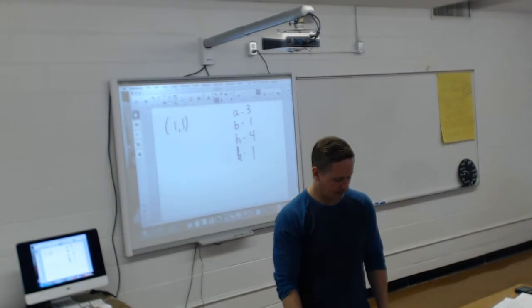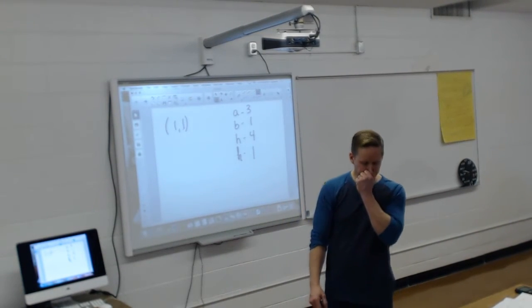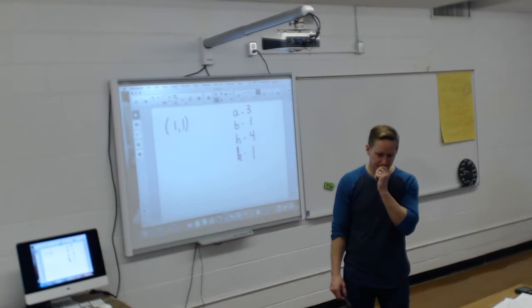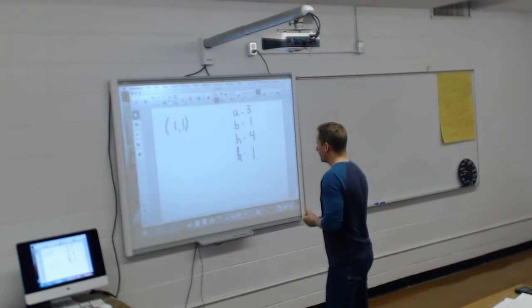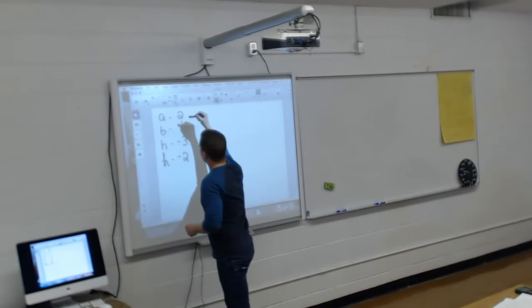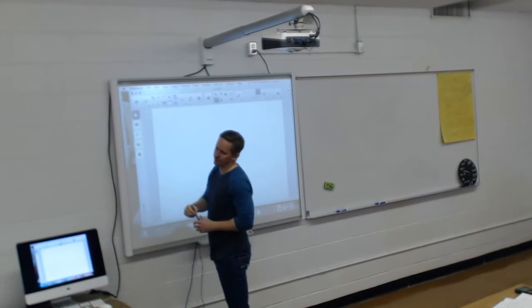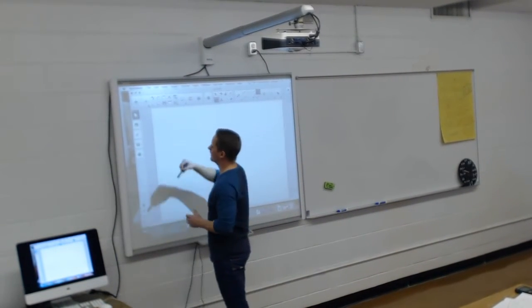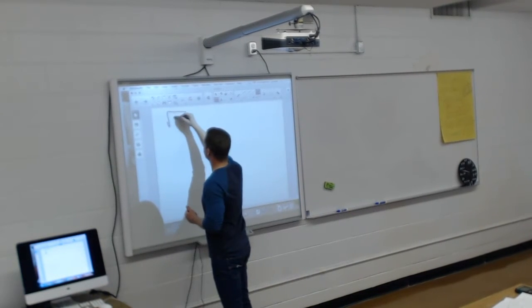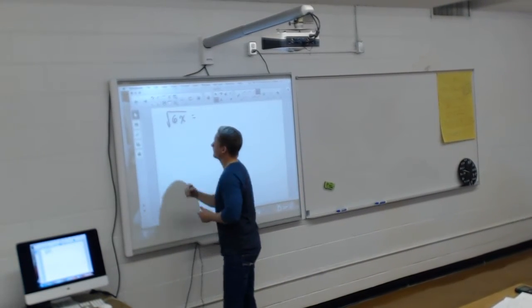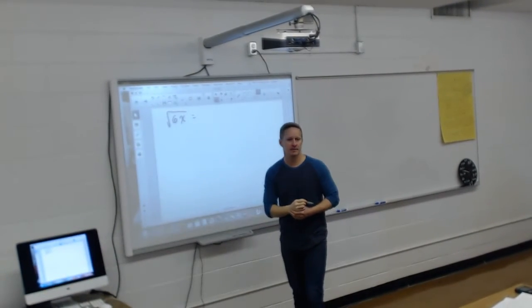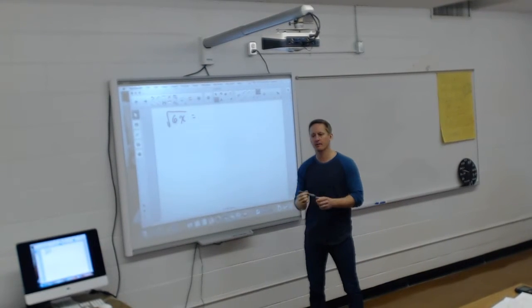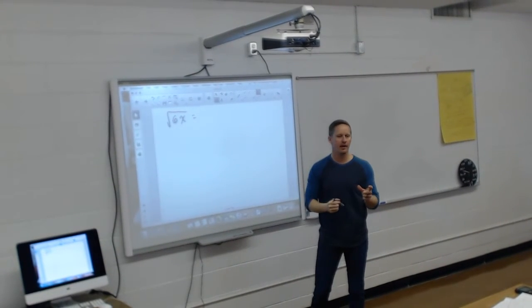All right, a little bit of work here. Square root 6x, I can put them all underneath one square root, or I can separate them.